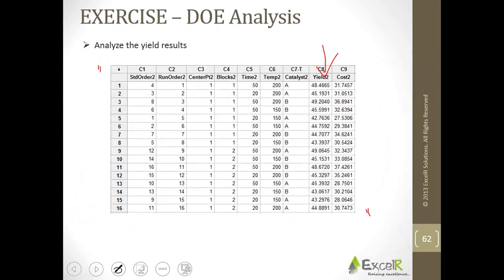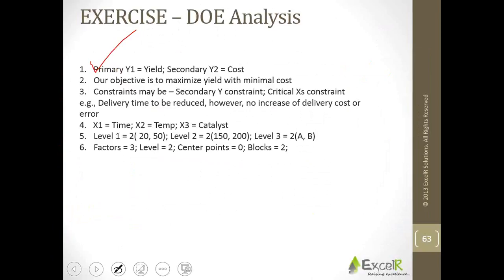Another output that we want to impact is cost. These are the two outputs that I want to impact. Now look at this, very interesting. Primary output is yield, which I want to improve. But while I improve my yield, I want to keep my cost constant. I don't want my operating cost to increase, right?